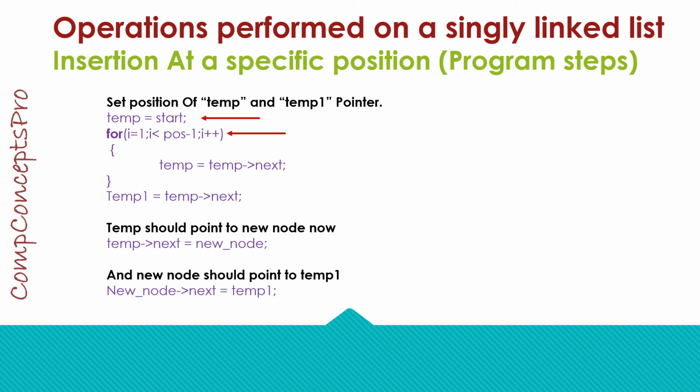And by this statement, temp1 equal to temp next, we'll assign temp1 to the node next to the position where we have to insert the new node. Now we'll do the pointer adjustments. So next of temp should point to the new node, because temp is the node previous to our new node to be inserted, and new node next should point temp1, because temp1 is the node next to the new node to be inserted.